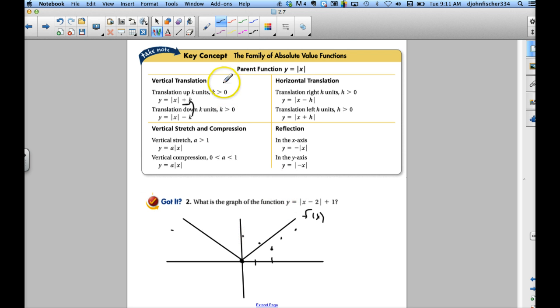I know my points are not exact, but it gives you the viewpoint of what we're going to do here. So this is my new graph. I moved the whole graph over 2 units and up 1 unit.